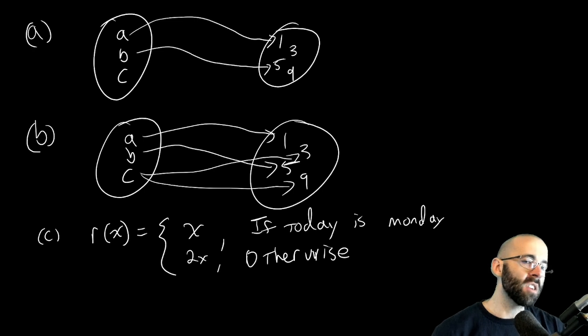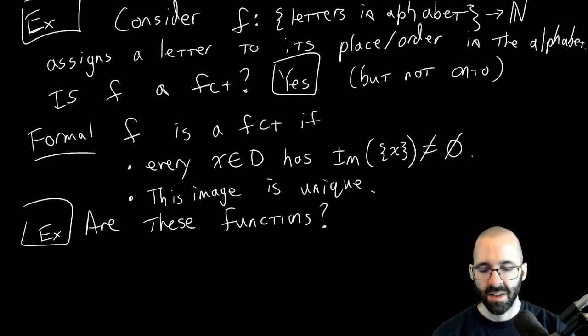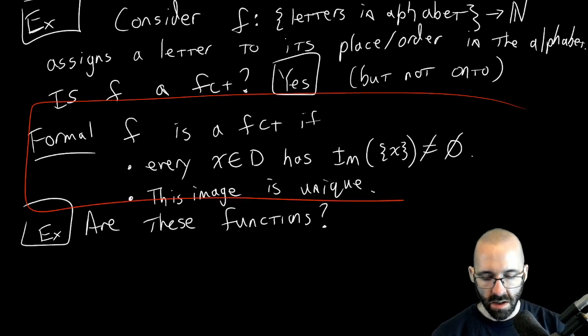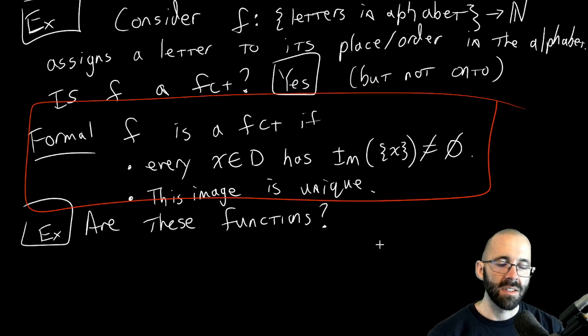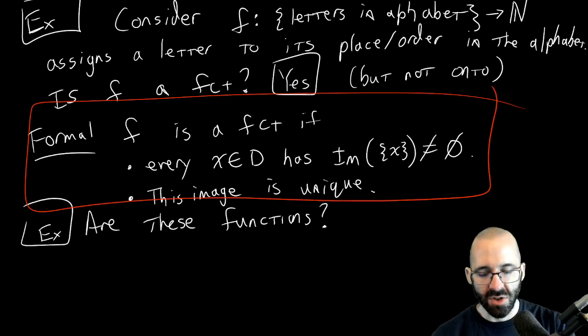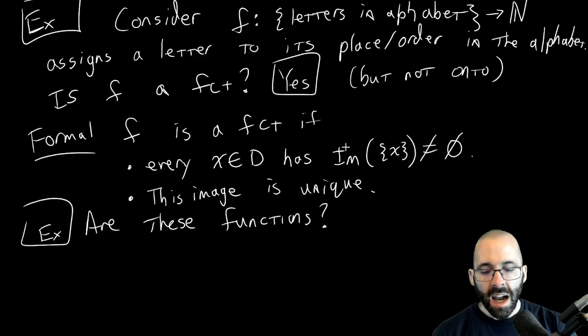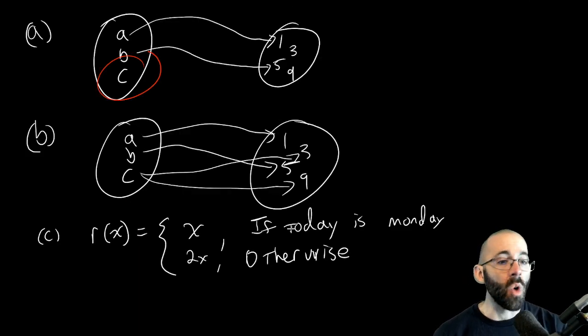So this first one looks like a function, but it's not. Why not? Look at our 2 requirements. The function must apply to everything in the domain. Every element in that domain needs a non-empty image. C doesn't go anywhere.